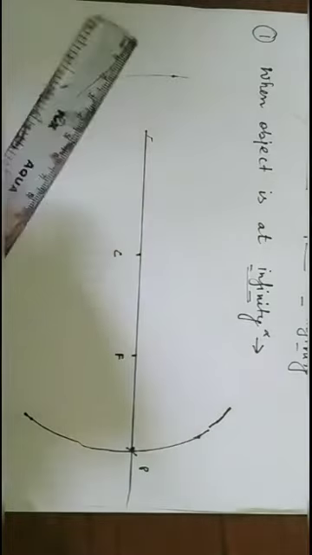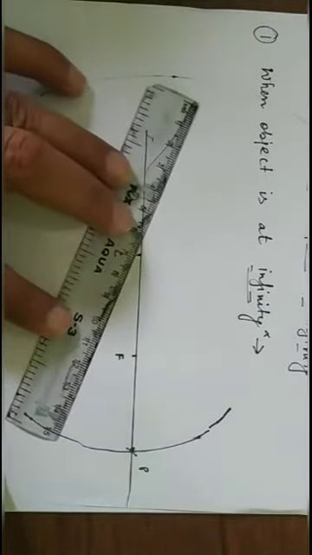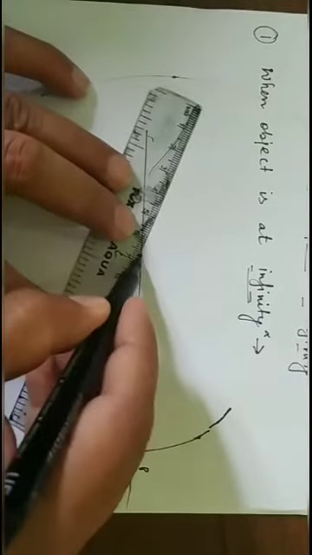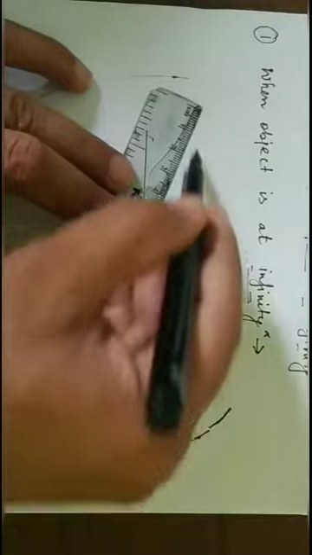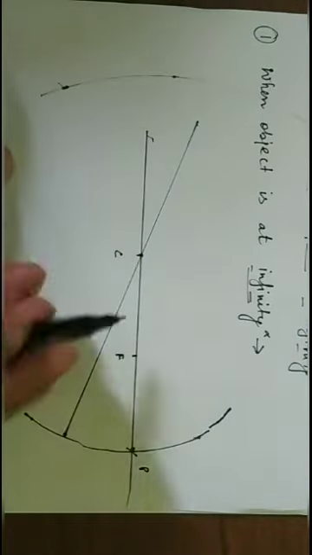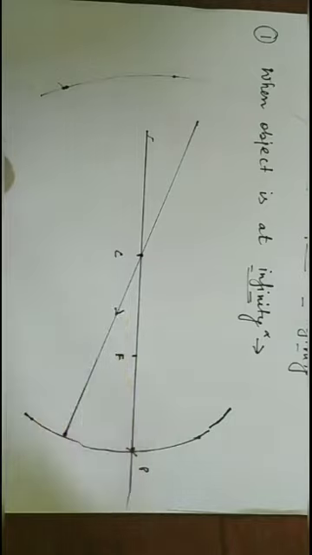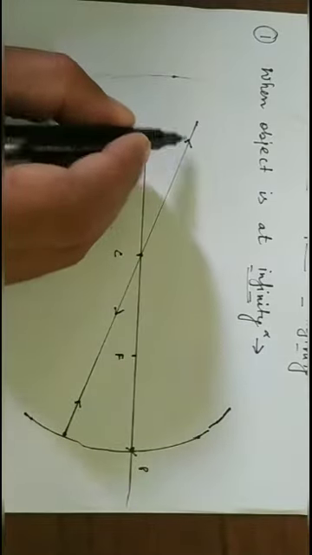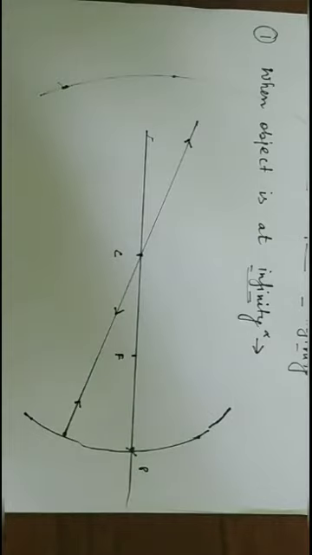The first ray is any ray which passes through the center. This is the first incident ray, passing through the center. We know that any ray which passes through the center will retrace its path. It comes back along the same path.